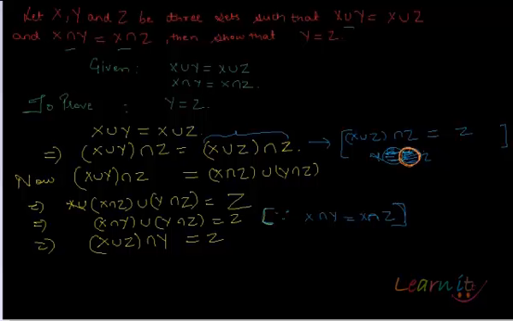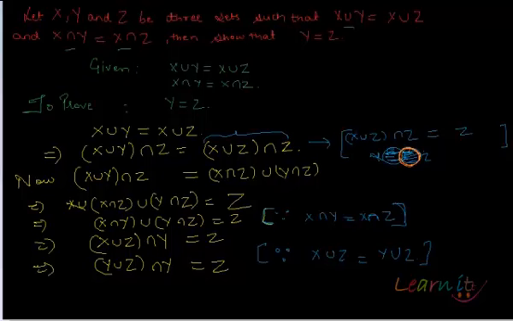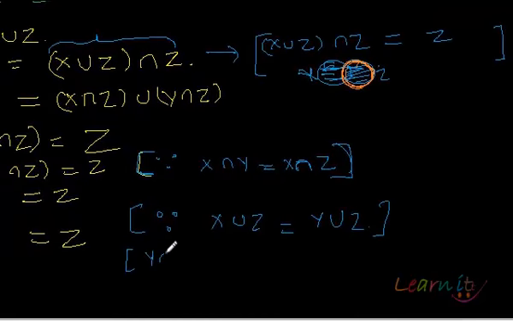Now, this is equivalent to this. Now, because again X union Z actually equals Y union Z, so you can write this as (Y union Z) intersection Y. Now, similar to the reasoning before, Y union Z intersection Y will actually equal Y. Why?